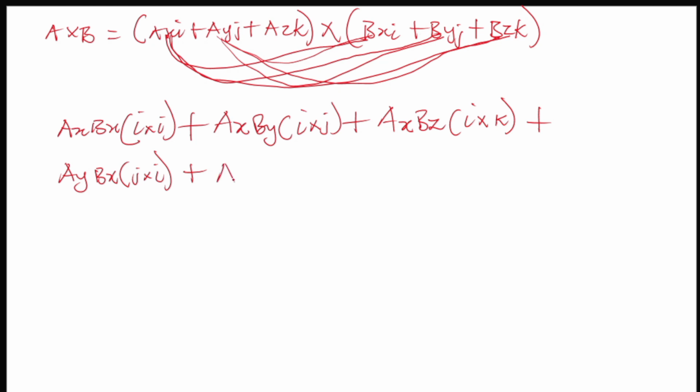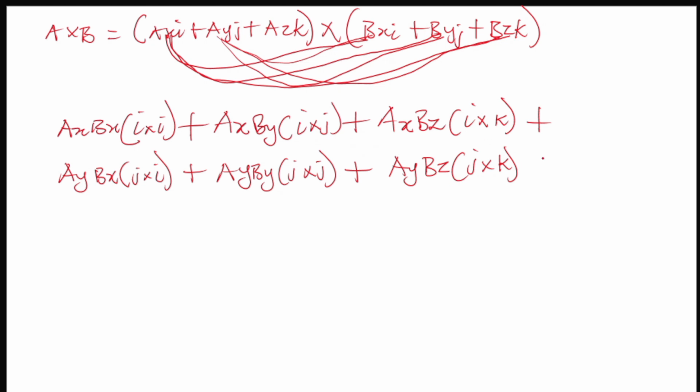So that will give you AY, BY, right? So what will you have as your unit vector? J cross J. Plus, the next one will be AY, BZ into J cross K. Are we together? So basically, you've used this to multiply with what we have here, and you've arrived at this parameter here.